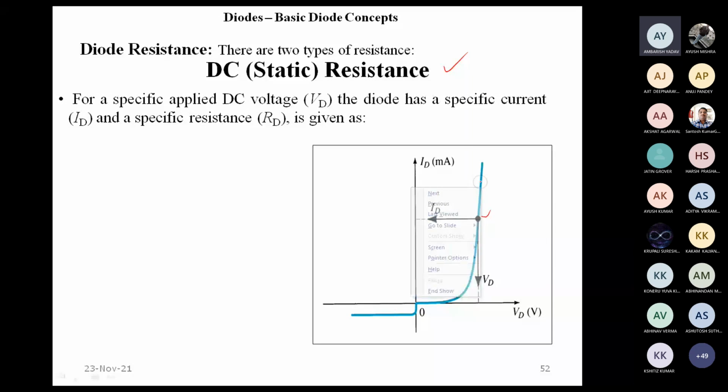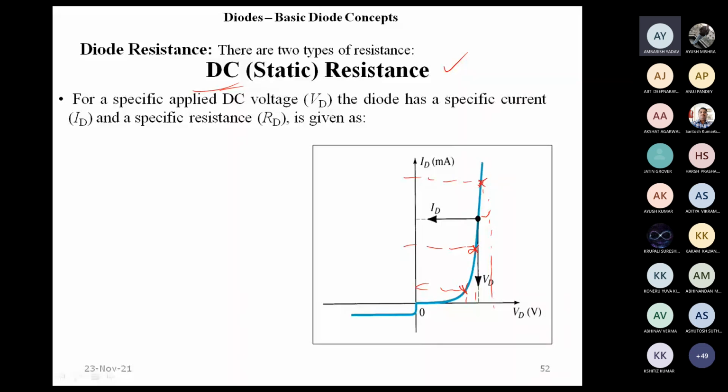If we choose a different point on the characteristic, it is going to have a different set of corresponding values of ID and VD. So as the voltage is changed, the DC resistance of the diode is going to change accordingly. So this is not a constant value.